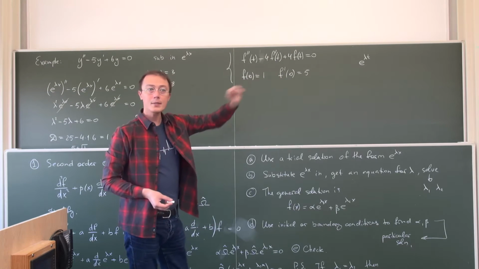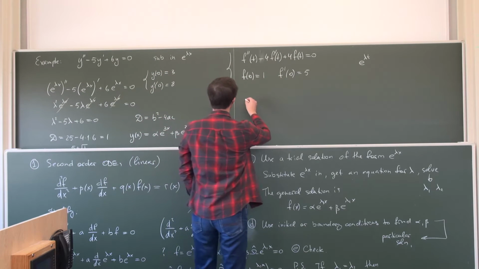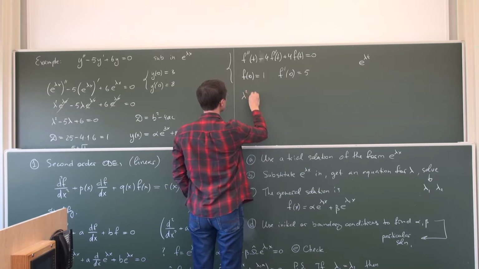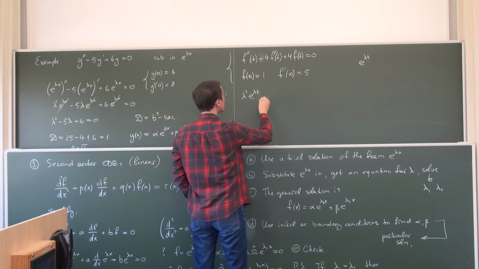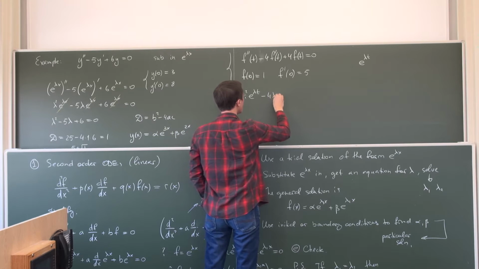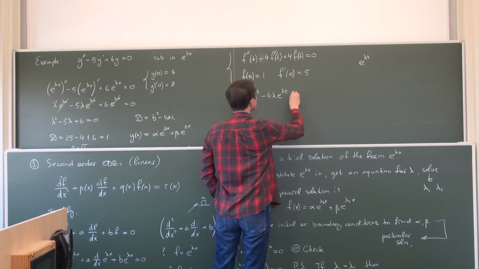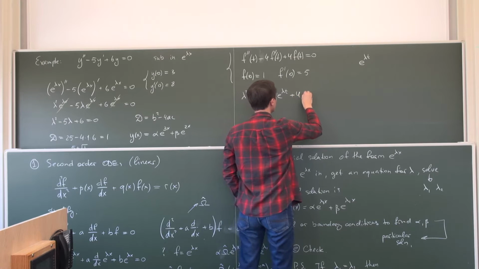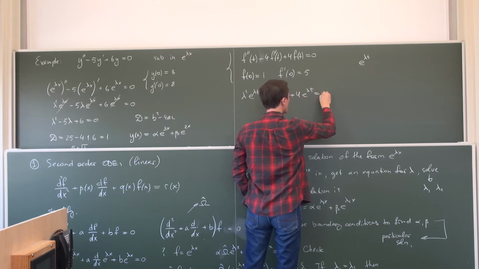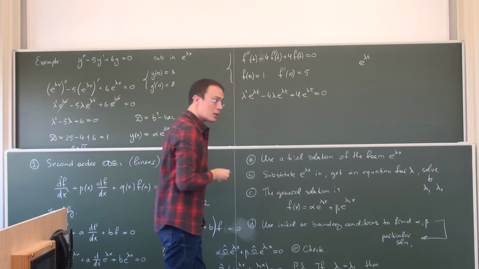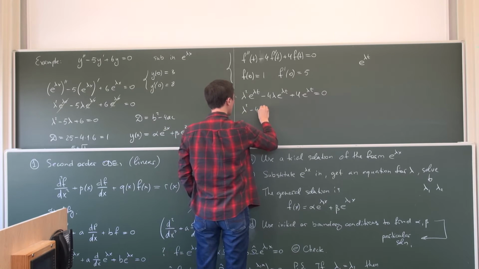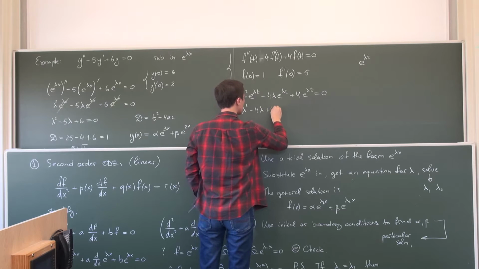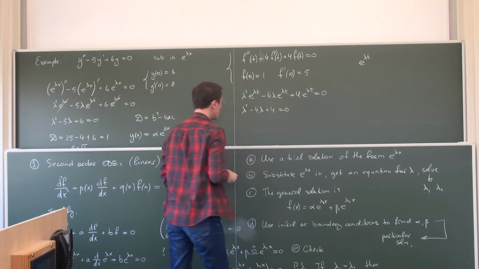Okay, subbing that in, we have lambda squared e^(lambda t), so that's the double prime, minus 4 lambda e^(lambda t) plus 4 e^(lambda t) equals 0. Cancelling the exponential, lambda squared minus 4 lambda plus 4 equals 0.